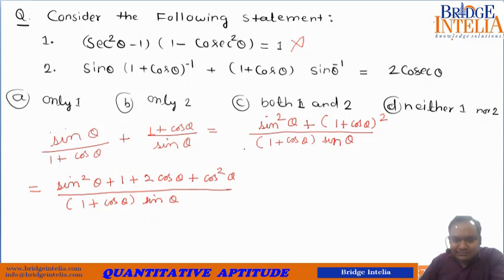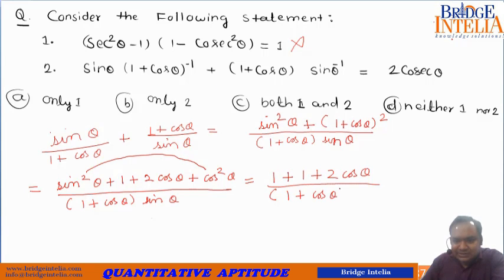So now let us see. Sine square theta and cos square theta can be added to give the value 1. So I add this: 1 plus 2 cos theta, whole divided by 1 plus cos theta into sine theta.